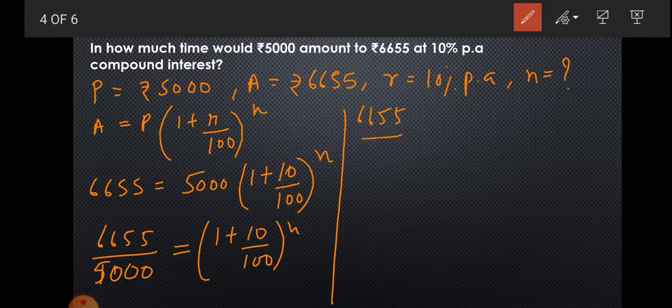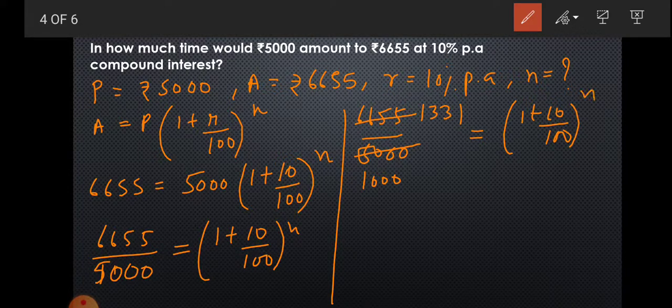On solving this, we get 1,331 by 1,000 is equal to 1 plus 10 by 100 raised to the power n.